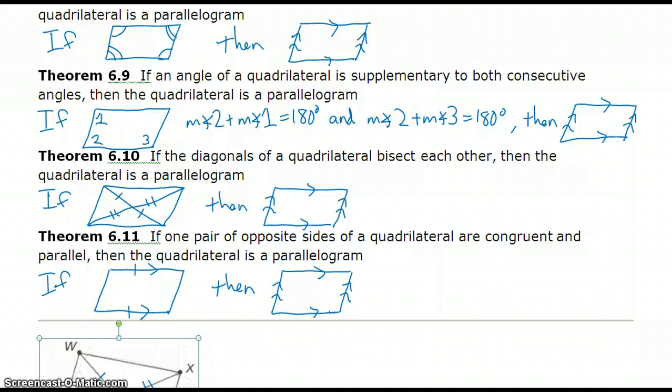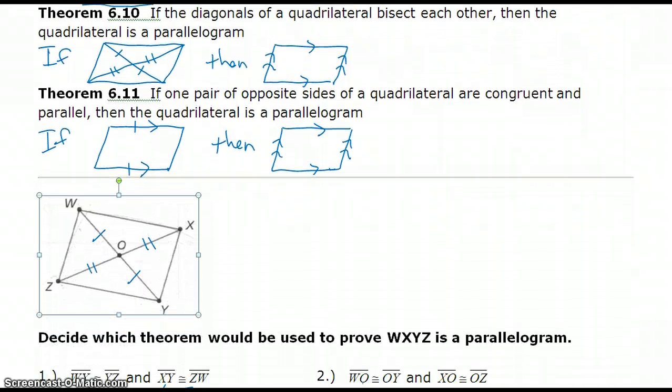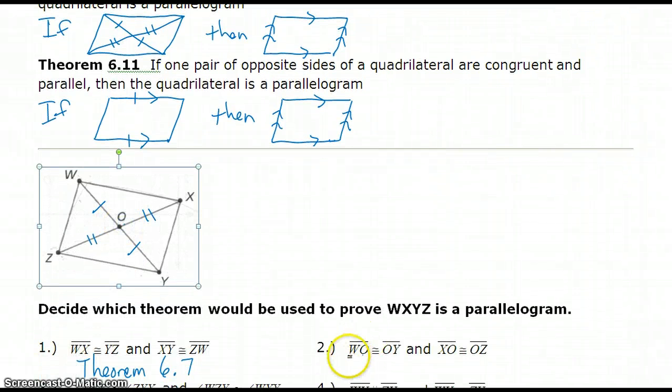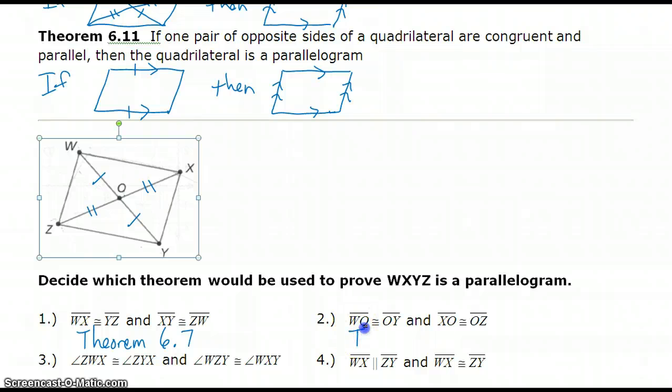If we look at our picture, this tells me that O is the midpoint of WY, and this tells me that O is the midpoint of XZ. So O is the midpoint of both diagonals. Both diagonals bisect each other. So by theorem 6.10, we have a parallelogram.